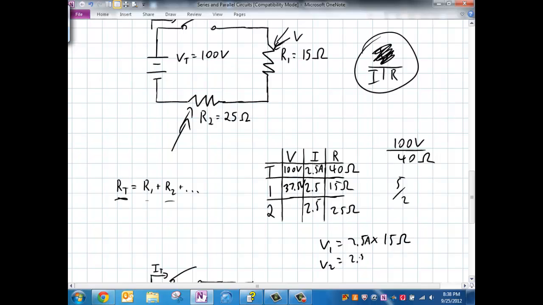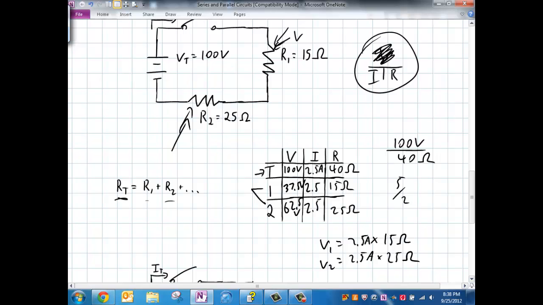So 2.5 amps times 25 ohms, and I'm going to have 62.5 volts. Now if you quickly add those two numbers up, the 37.5 and the 62.5, we should get a total of 100 volts.